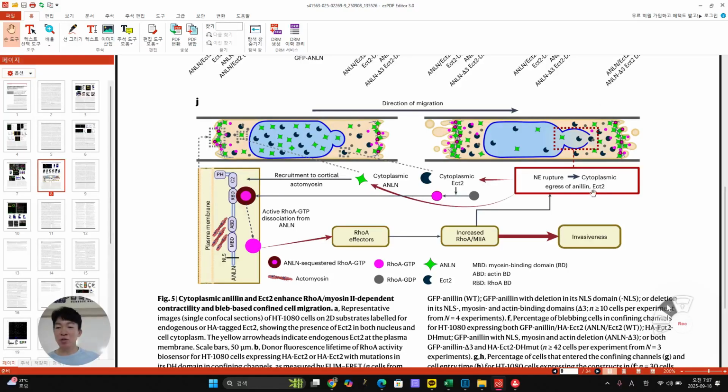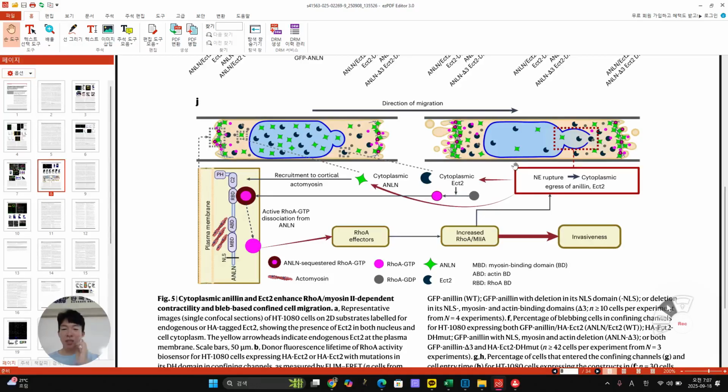In that case, Actin 2 has the same thing happen. I just focused on the previously green star anillin, but Actin 2 is also initially localized in the nucleus first, and when the nucleus is ruptured, it is released to the cytoplasm and then deposited in the back and front, right?